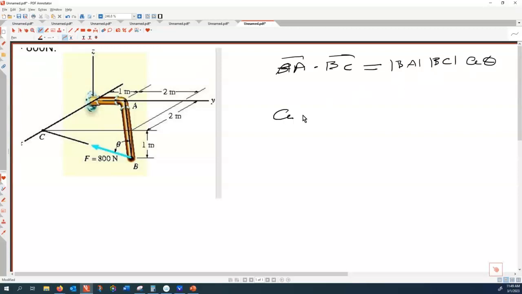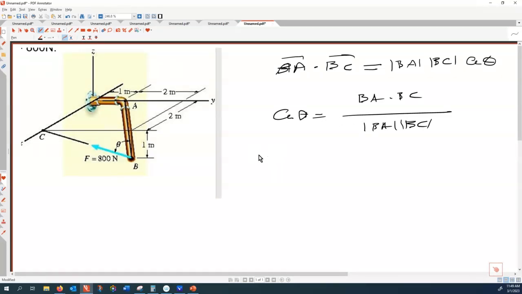So from here, I can say cos theta is the dot product BA BC divided by the product of magnitudes. So yes, let's find them one by one.